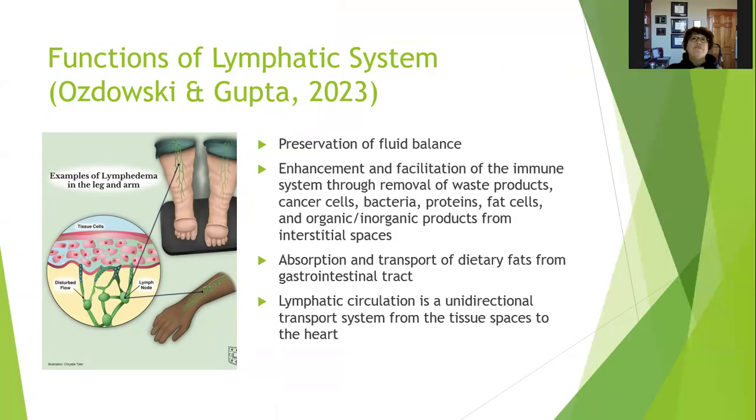So the lymphatic system has a lot of jobs. One of the jobs is to preserve fluid balance in the body. Another is to enhance and facilitate the immune system by removing waste products, etc., from the interstitial spaces. The lymphatic system also absorbs and transports dietary fats from the gastrointestinal tract. So our blood circulation is unidirectional, but it's a closed system.